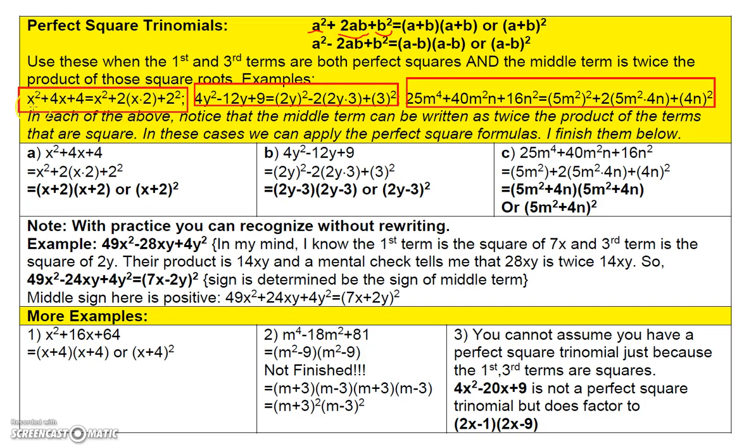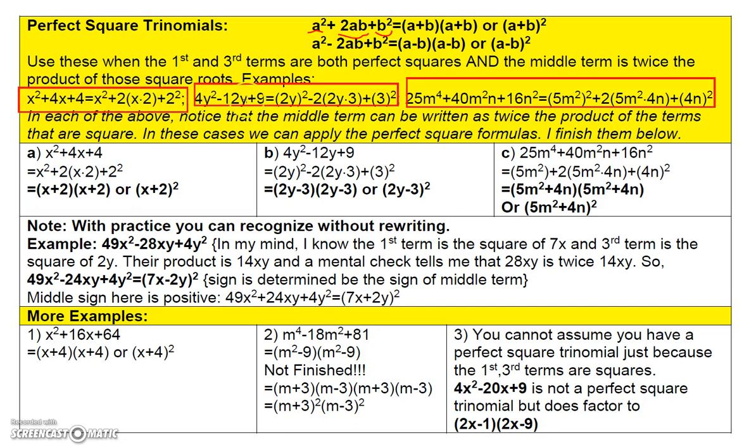Think of what's the square root of x squared? It's x. What's the square root of 4? It's 2. Multiply those together, x times 2, 2x. And if you double that, you get 4x. So as long as the middle term is twice the product of these square roots, then we know this is a perfect square trinomial.